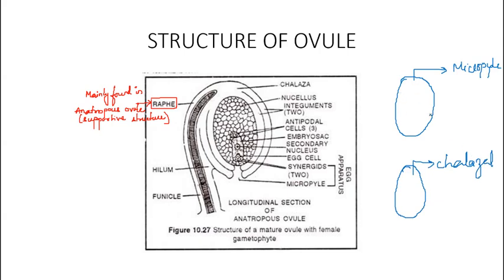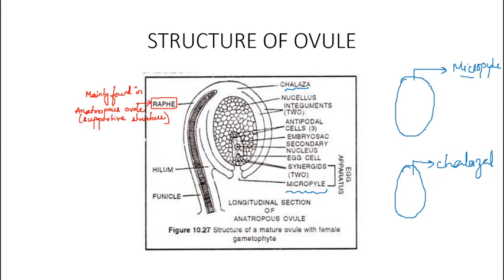If the ovule is upright, then the micropyle will be towards the top. Now this is an inverted ovule, you can see here, so this ovule has the micropyle towards the downward side. You will not bother about this. You will just remember one side is micropyle and the side opposite to the micropyle is the chalazal end. So remember which end will be chalazal.